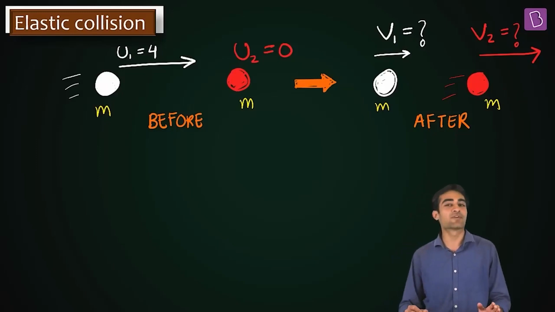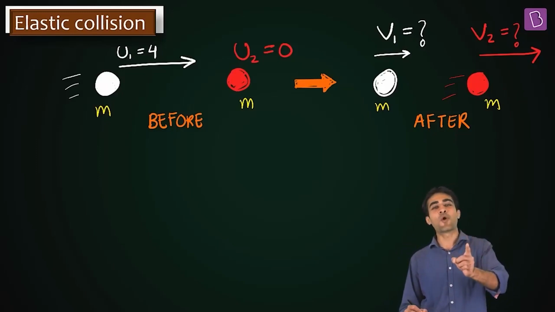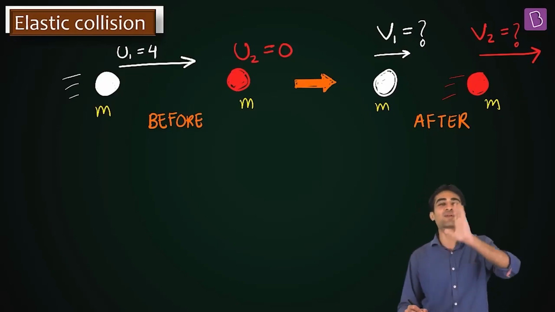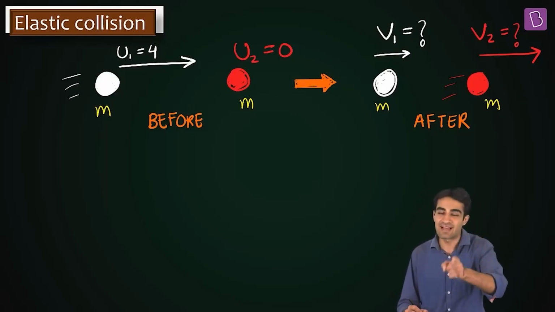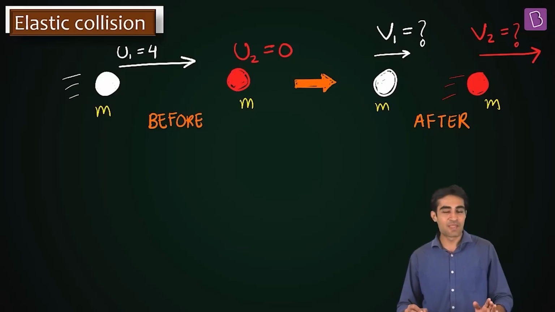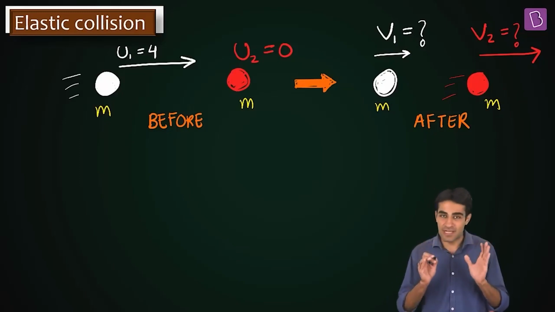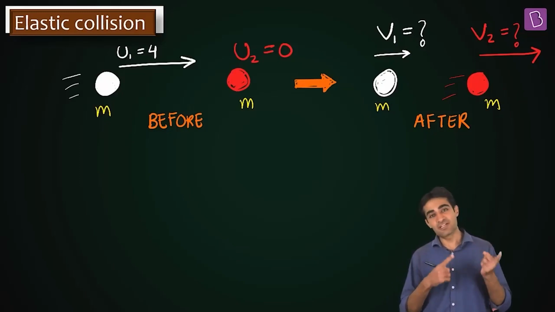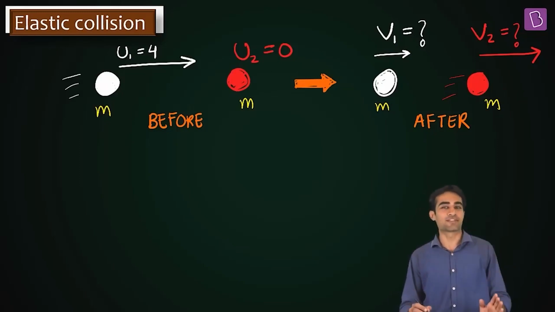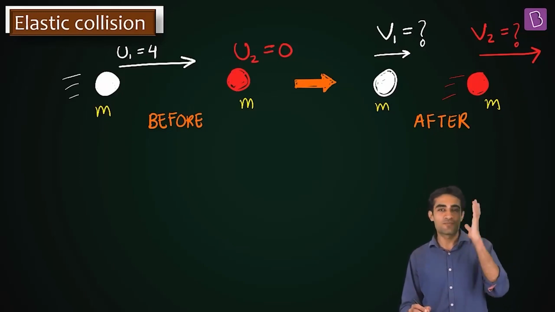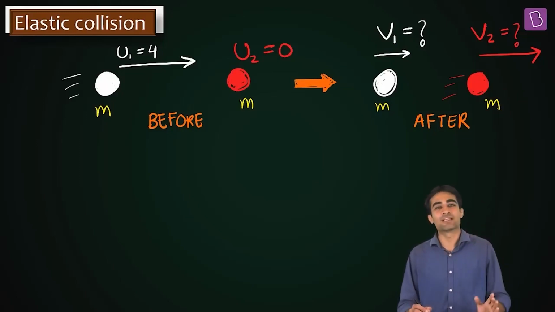So the masses were given to be the same and the collision was a perfectly elastic collision. When we have a perfectly elastic collision, this means energy is conserved and momentum is conserved. So let's write the equations very quickly. The first equation will be conservation of linear momentum.